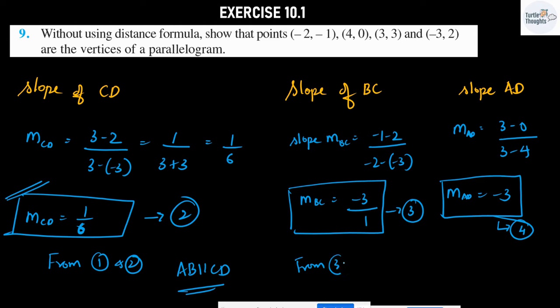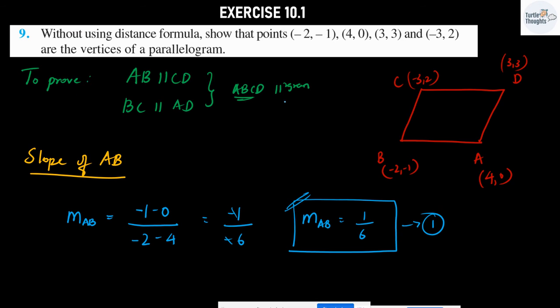Similarly, from equation number 3 and equation number 4, I see that the slope of line BC and AD both are the same. If the slopes are the same, I can tell that the lines are going to be parallel. So BC is parallel to AD. If AB is parallel to CD, BC is parallel to AD, what I can tell? I can tell that ABCD is a parallelogram.